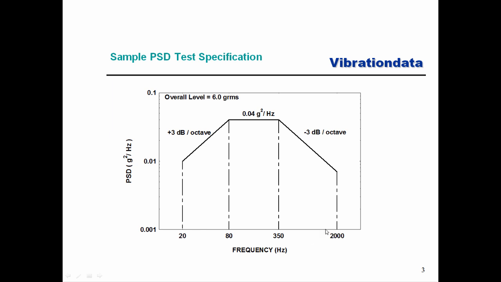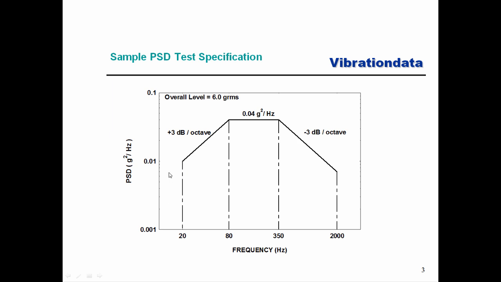Now, this would be typical for testing electronic components and equipment that would later be mounted on a launch vehicle or a rocket vehicle of some sort, or maybe an aircraft. And it's the level, the test specification, it starts at 20 hertz. And there's two reasons for that.